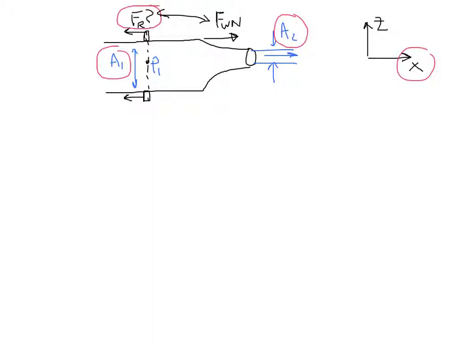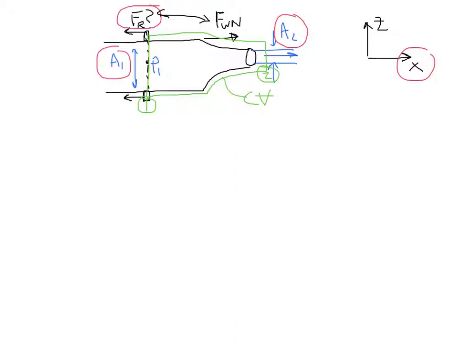So we need to encompass that part of the flow in our control volume. This green line is our control volume, which means we have two faces: face 1, which is right where we apply the restoring force in the collar, and face 2, which is in the jet where the flow emerges.